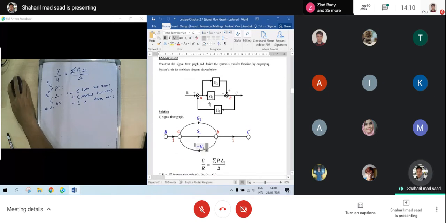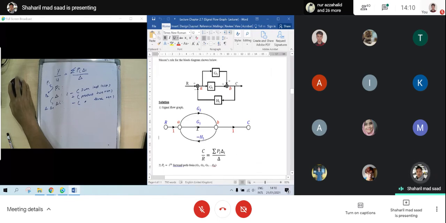First of all, you draw the signal flow graph. We can see that this is one node, and this summation and junction you can combine, because the output after the summation goes to H1. So that's why the signal flow graph became like this. Done.